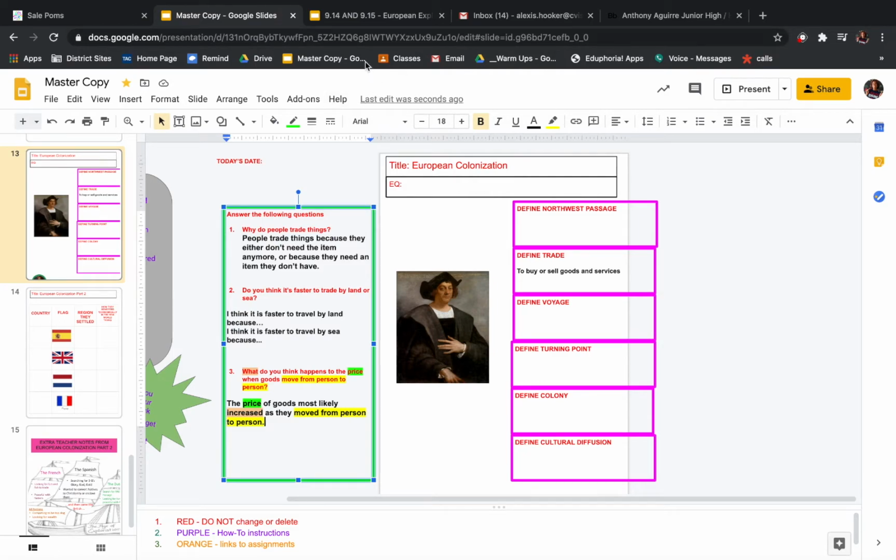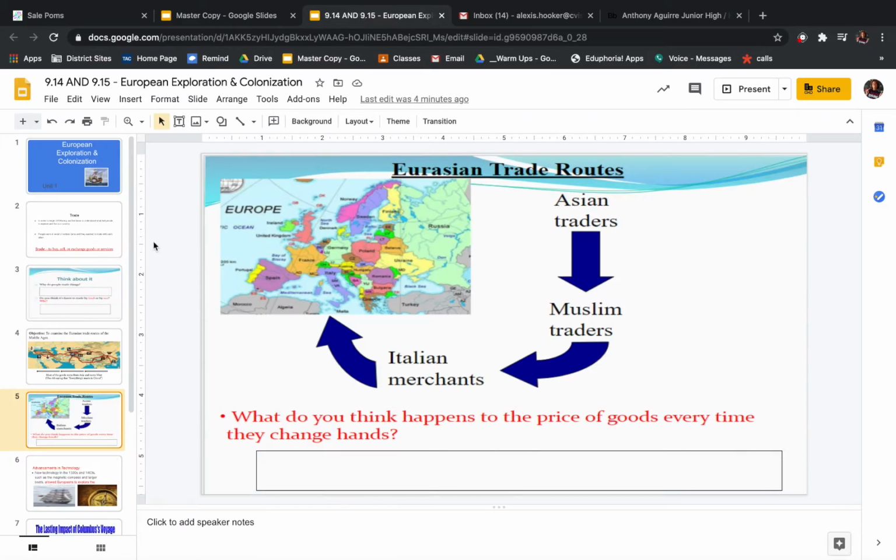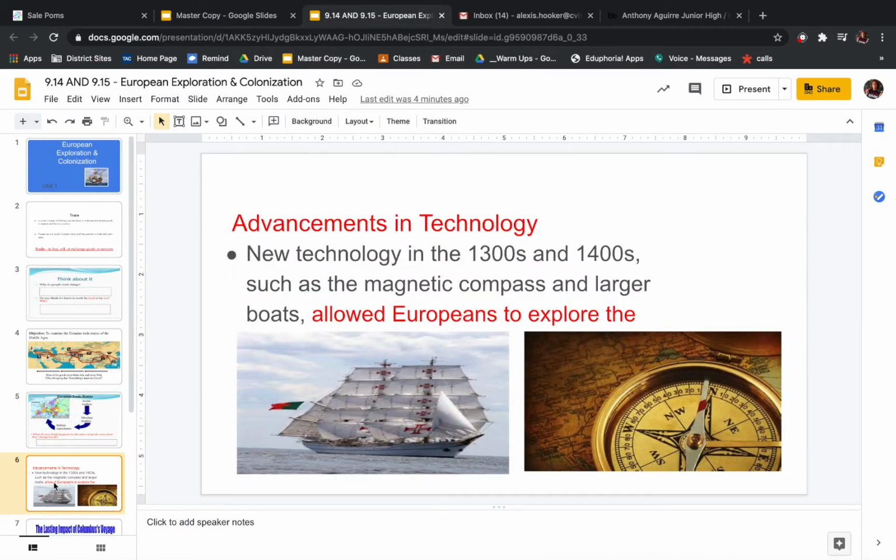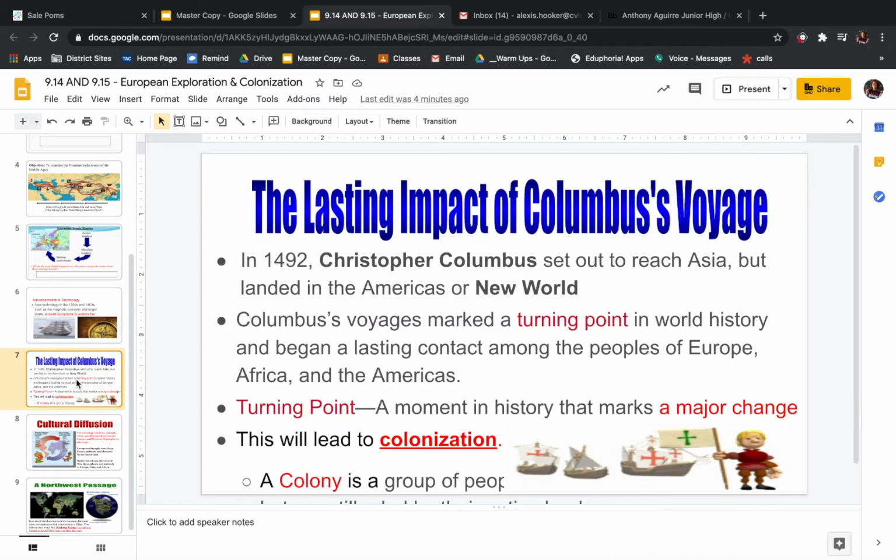All right, and so those are the matching components of the question that I use to make a complete answer sentence. All right, next. Rest I got to do is define these words. Moving through advancements in technology, new technology in the 1300s and 1400s, such as the magnetic compass and larger boats, allowed Europeans to explore the world. In 1492, Christopher Columbus set out to reach Asia but landed in the Americas, or the New World.